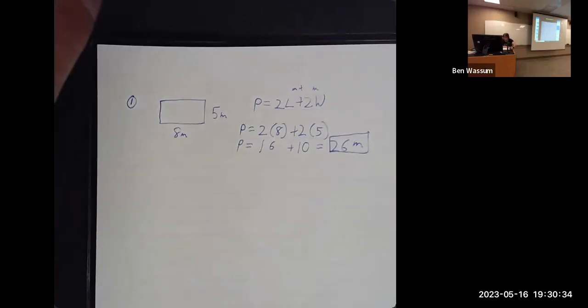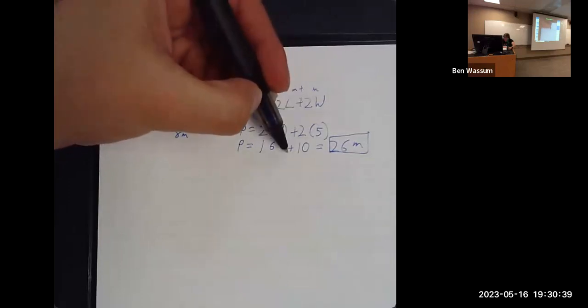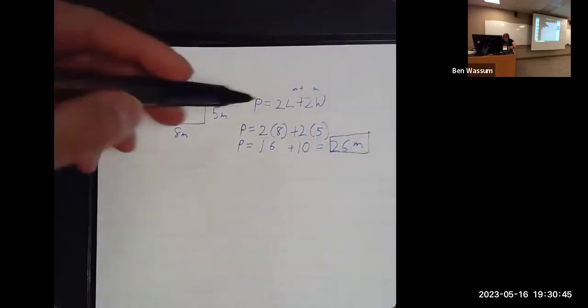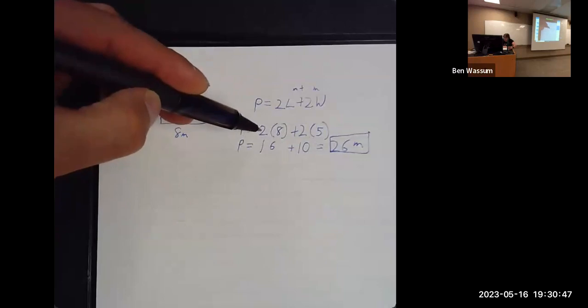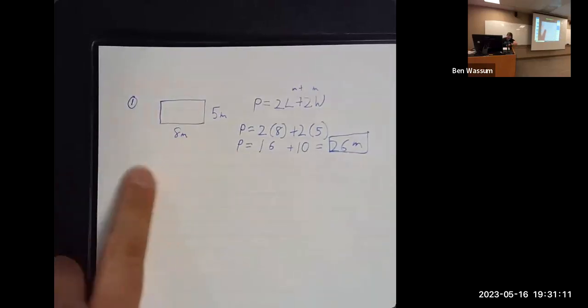How did you get the 16 and 10? 2 times 8 is, 2 times 5 is, oh, yep, we're just cleaning this up. Okay, let's say we have 26 meters. Yep, 26 meters around.